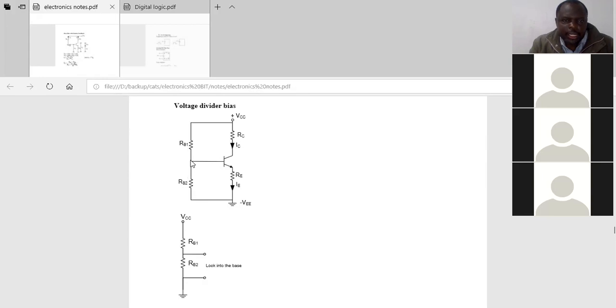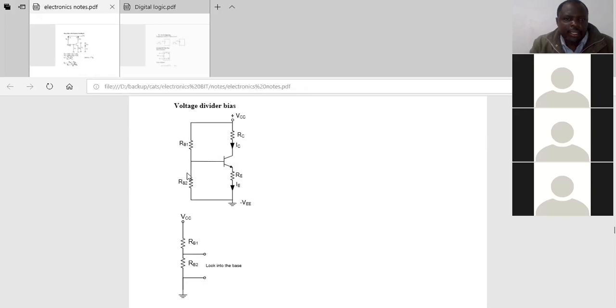VB, which is here, is equal to VBE plus IERE. That means this section and this section are the same, which is the same as VRB2 is equal to VCC times RB2 divided by RB1 plus RB2. In fact, if you look at these two, they're in series.